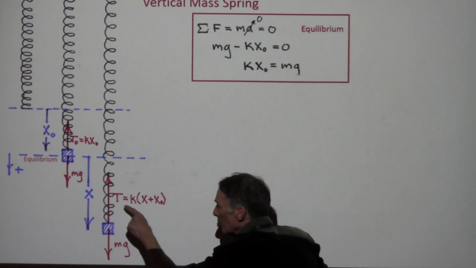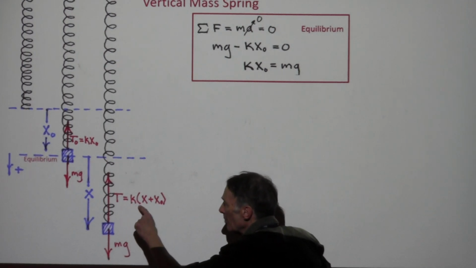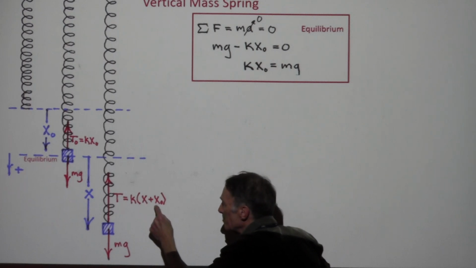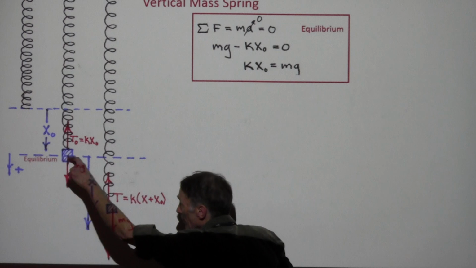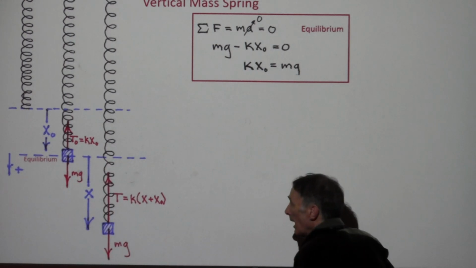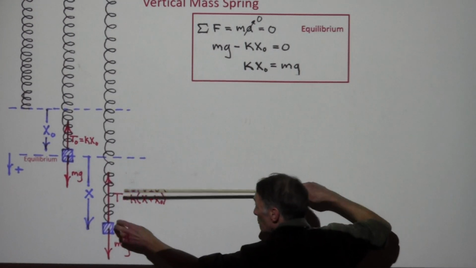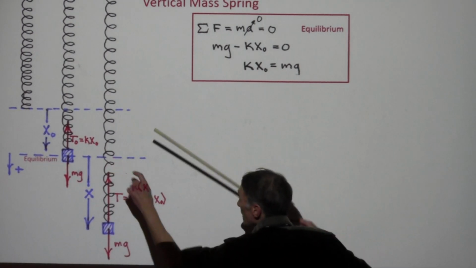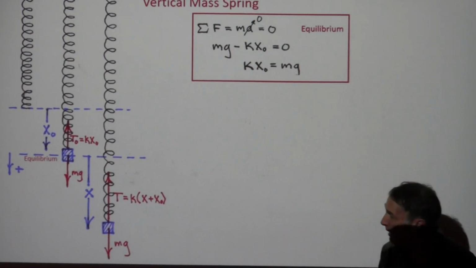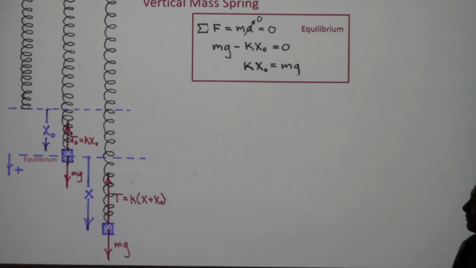So we're adding that a little bit there. So now the tension is going to be k times (x plus x initial), with my definition of x from the equilibrium. We're going to want to describe this motion. When I release it, it's going to go back and forth, and it's going to cross over that equilibrium point. And that will be our new 0, so to speak.